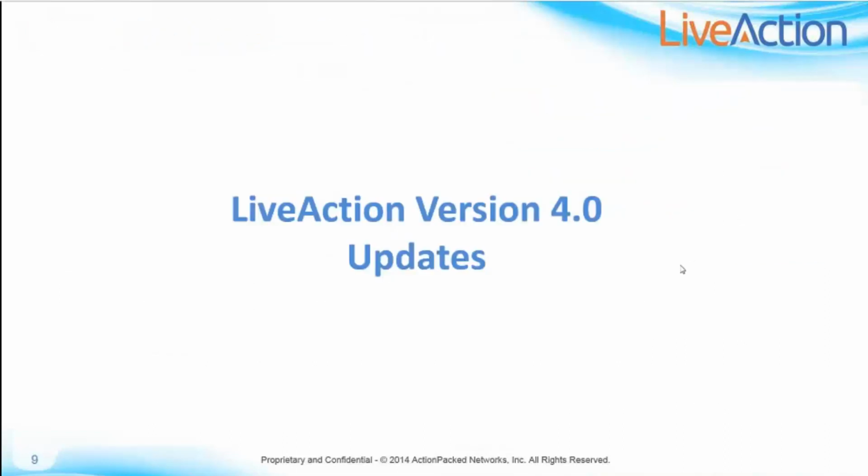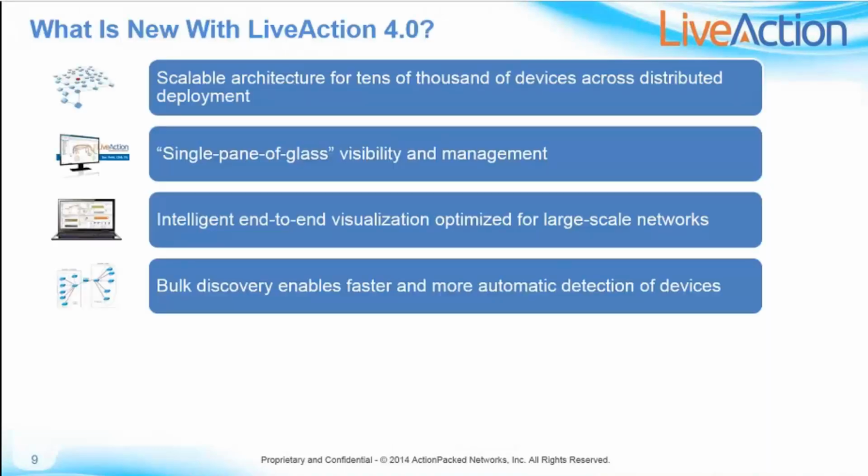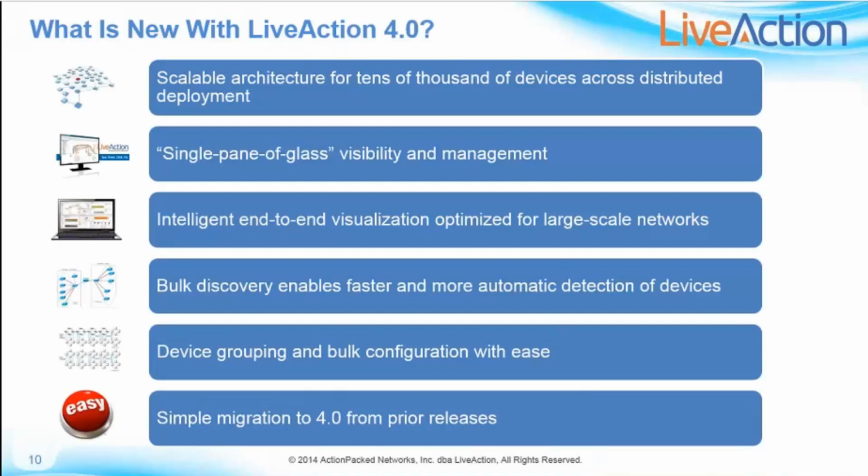So what is new for 4.0 that we've actually released in our latest version that's available today? First of all, scalable architecture for tens of thousands of devices across distributed deployment. Where we were once limited to 500 devices per collector, now we have a scalable architecture that allows us to monitor tens of thousands of devices.